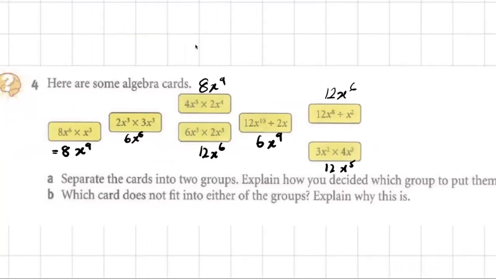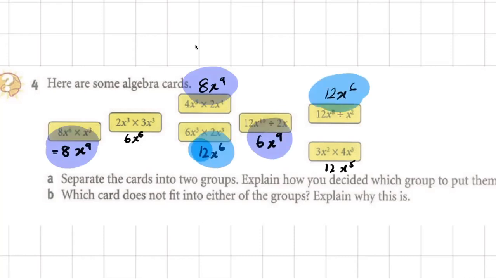So we have power of 9. We can classify all of those as x to the power of 9, and the other group would be x to the power of 6. So there is one that does not fit. The one that does not fit is this one here, because it's x to the power of 5.